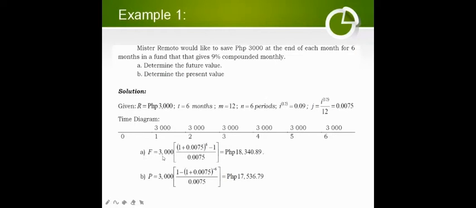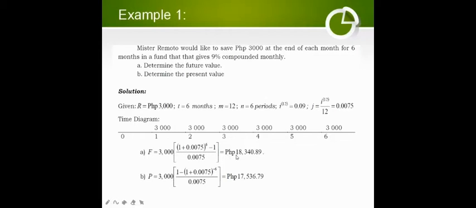Now, for the future value, using the formula, F is equivalent to R, which is 3,000, times 1 plus i, where our i is 0.0075, raised to n, where n is 6, minus 1, all over i, 0.0075.